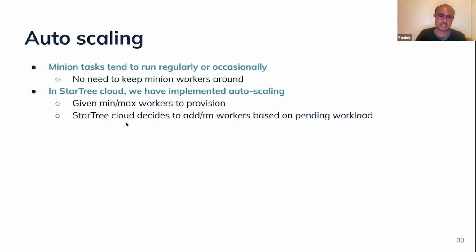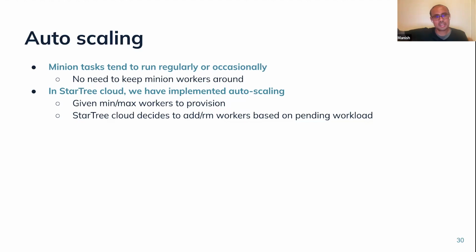So at least in StarTree, what we did was we had this auto scaling mechanism where we look at the task queue. When any new ingestion task comes in and creates work for the minion, we look at the task queue. We also give the min and max, like how many minions to provision. Sometimes we say, okay, maybe we want 100 minion machines.